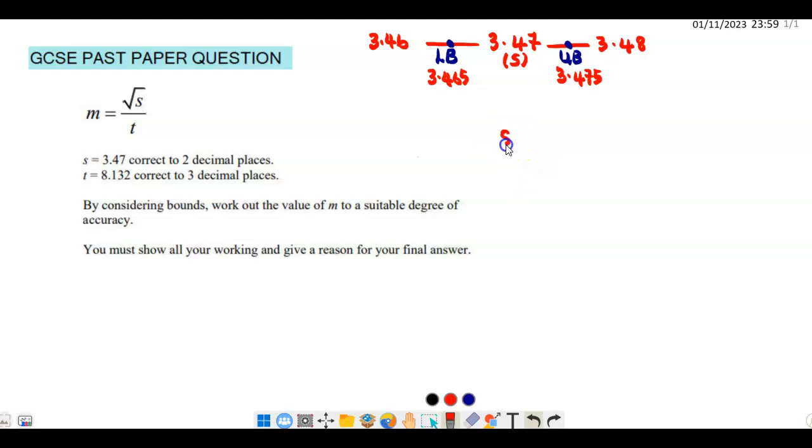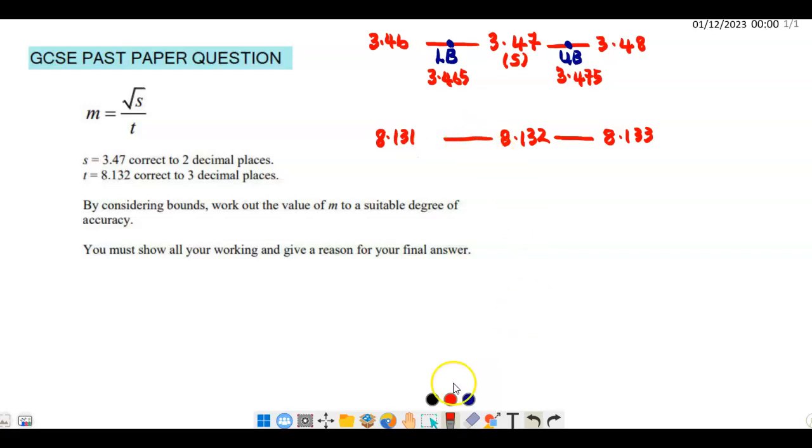So we have 8.132 to 3 decimal places. The next number up would be 8.133, and the next number down would be 8.131.